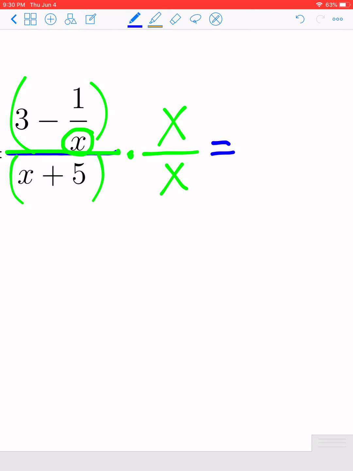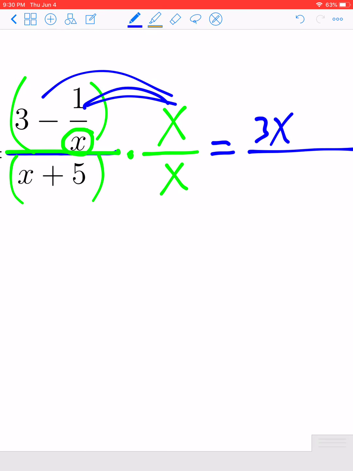So if we multiply and distribute this into the numerator, 3 times x would give us 3x. 1 over x times x would cancel, leaving us with a minus 1. And then in the denominator, if we distribute that through, we're going to get an x squared plus 5x.